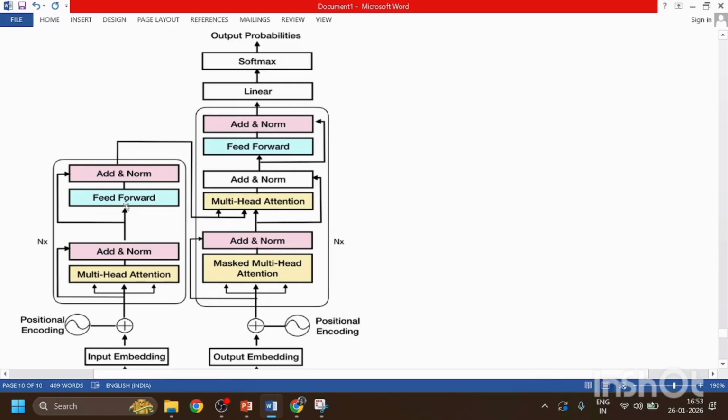The first part is the encoder and the second part is the decoder. The encoder, which I already explained multiple times, reads and understands the entire input sentence. The decoder generates the output sentence, one word at a time. This is how translation and text generation happen.